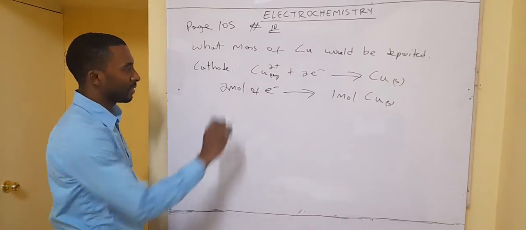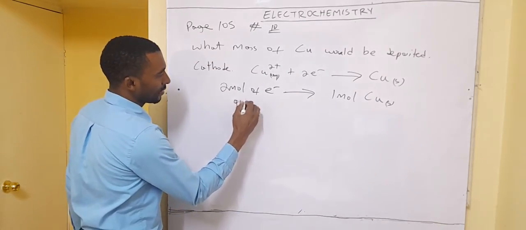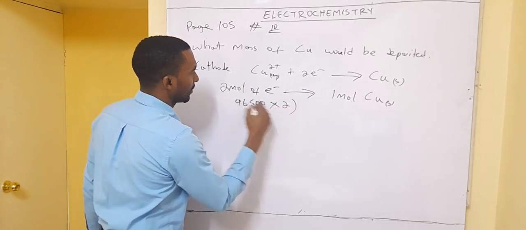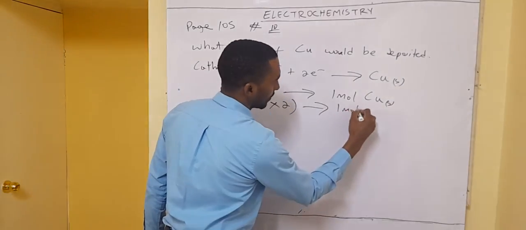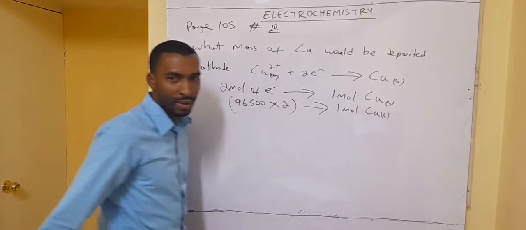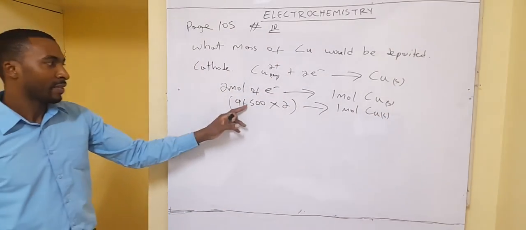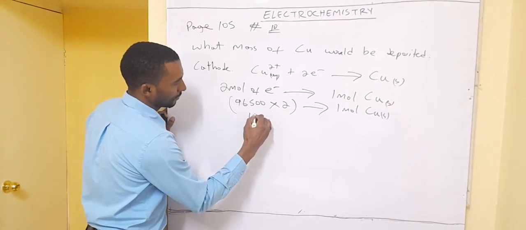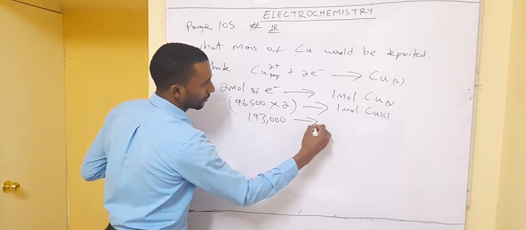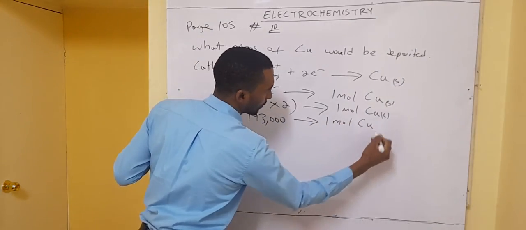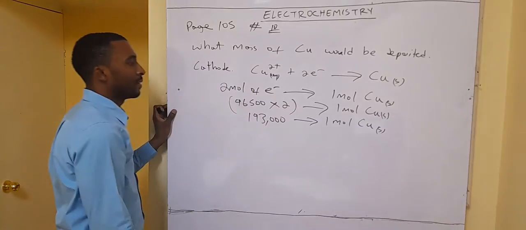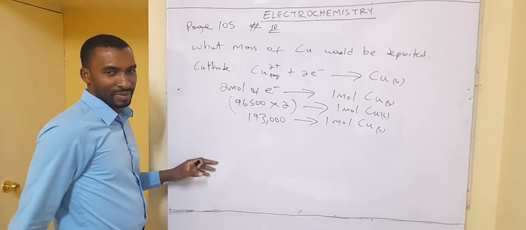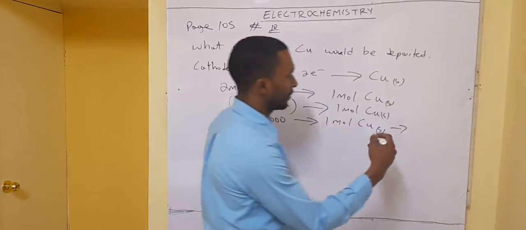Based on this, we need 96,500 times 2 per mole of copper. Alright? So what's the value here when we multiply this by 2? What do we get? 193,000. And since I asked for mass, we could even do the mass from here. Copper 64.